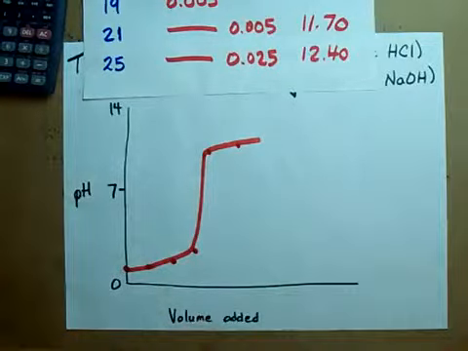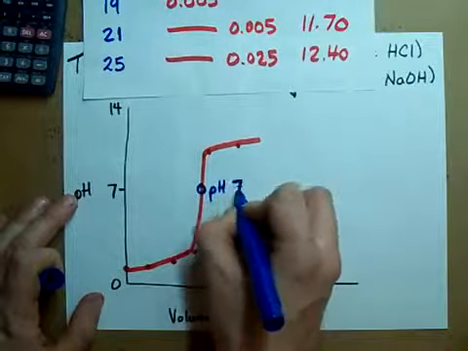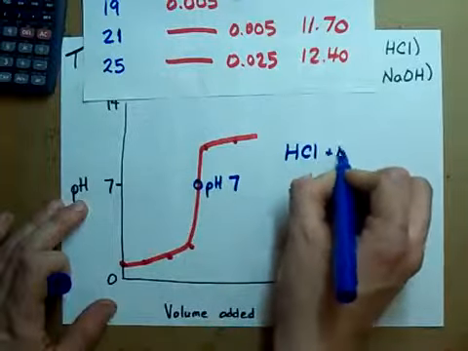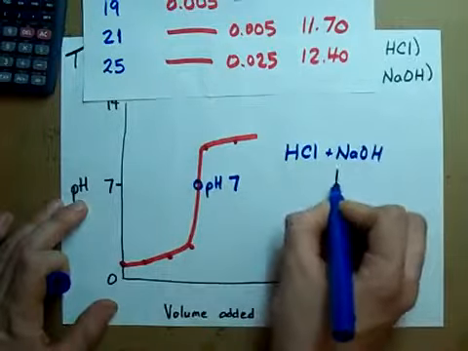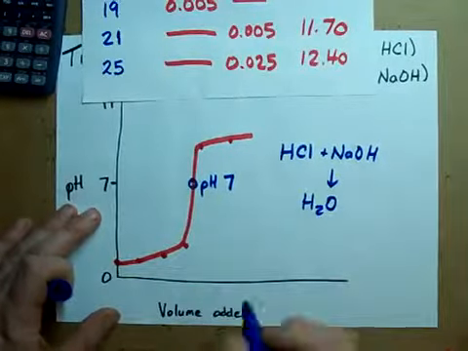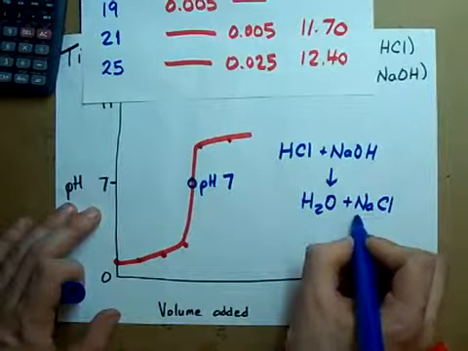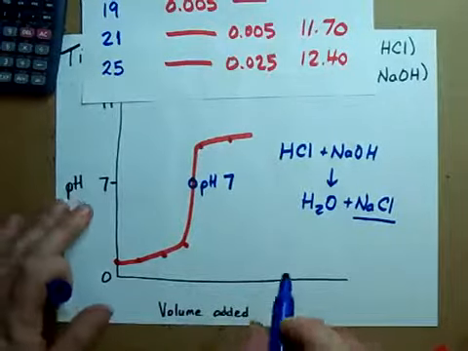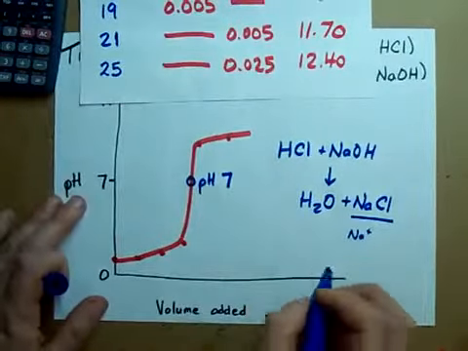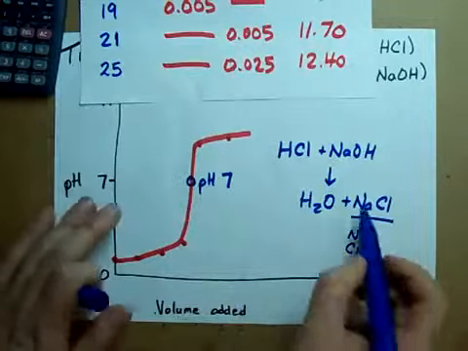The equivalence point of this titration curve is right here at a pH of 7. Because when my acid and base have perfectly neutralized each other, I'm left only with water, which has a pH of 7, and sodium chloride, which does not affect the pH because Na plus is the conjugate of a strong base and Cl minus is the conjugate of a strong acid.